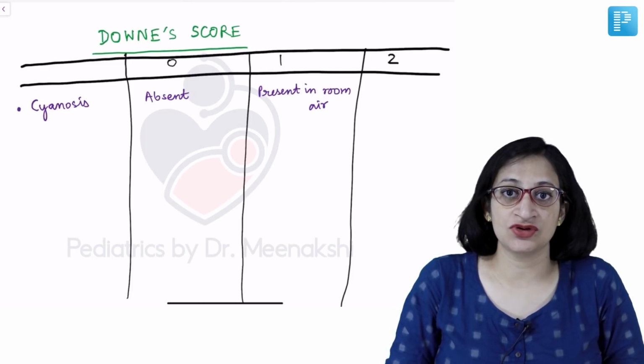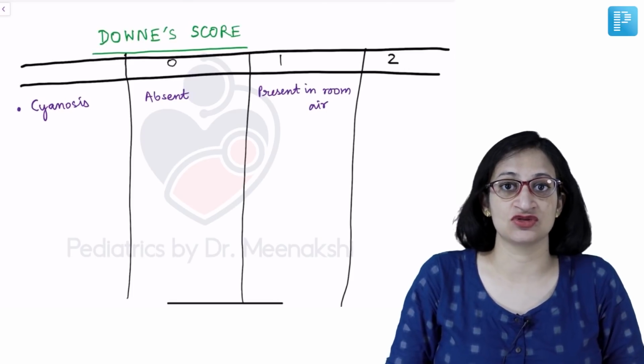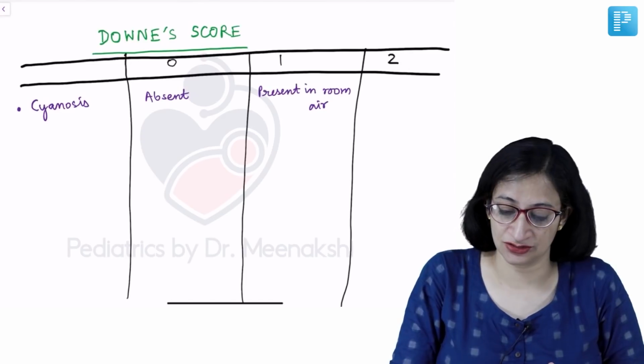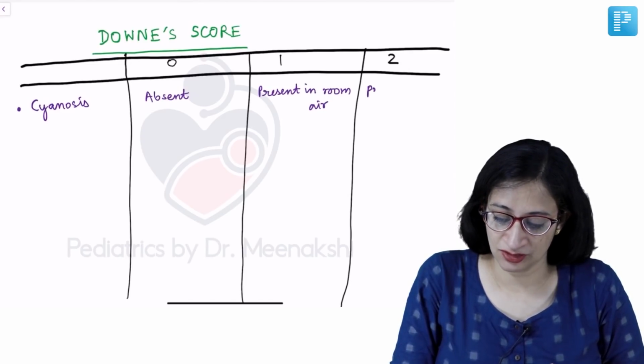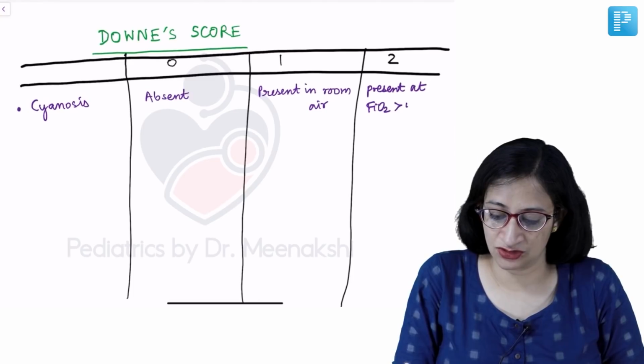While we give it a score of 2 if the disease is so severe, or respiratory distress is so severe, that cyanosis is present even at FiO2 greater than or equal to 40%.